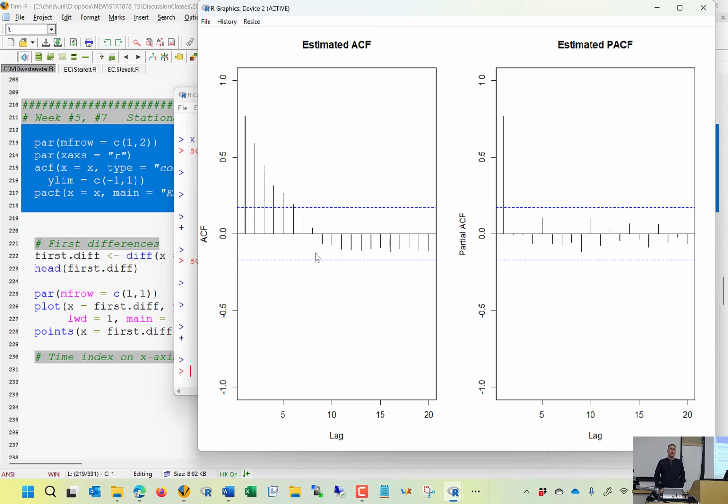There's going to be a lot of high autocorrelations. If you follow where my mouse is, we would expect this to look something like that. And so this plot does not have the characteristics of non-stationarity in the mean.